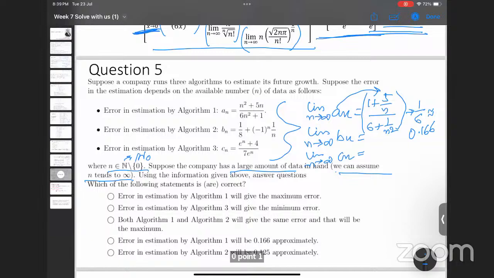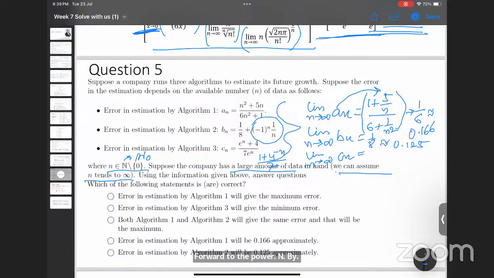So what about b_n? For n tends to infinity, this term will be 0, right? So it will be 1 by 8, which is approximately 0.125. And for c_n, again we can do 1 by 7, e power minus n by 7.